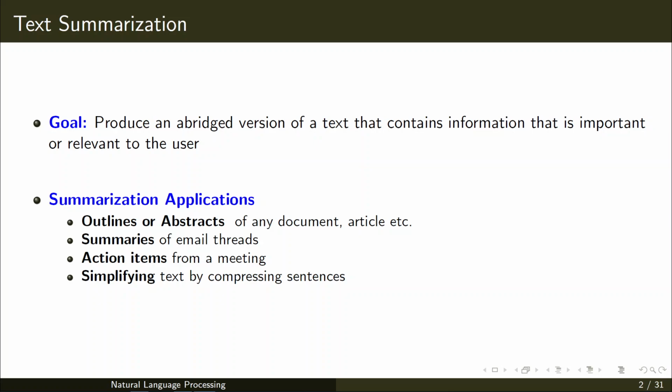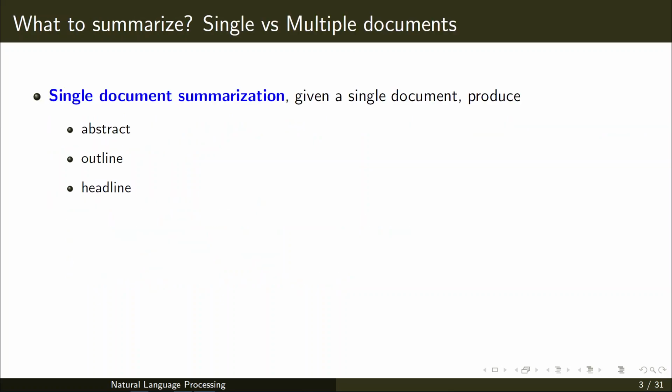Maybe it's some sort of minutes of the meeting, which can be obtained by summarizing the text of a meeting. Or it can be simplifying the text by compressing sentences. Let's say the simplification can be like combining two sentences, or simplifying the sentence by using simple terms, or by removing complex sentences, etc. So these are all different applications of text summarization.